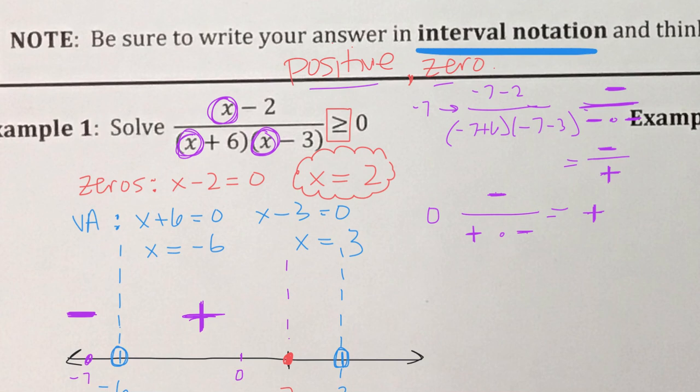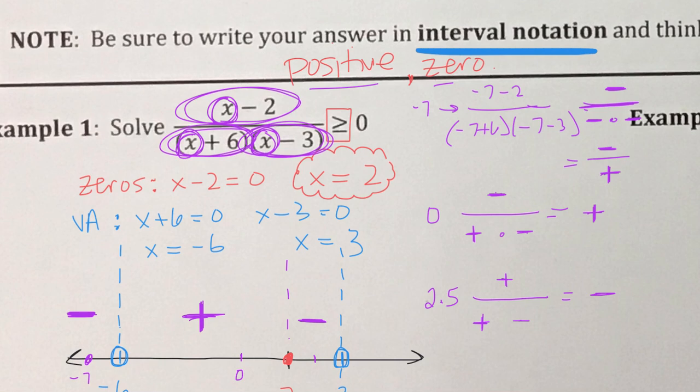Now we'll check between 2 and 3. Right, 2.5. So on our top, 2.5 minus 2 is positive. 2.5 plus 6 is positive. 2.5 minus 3 is negative. So a positive over a negative is a negative. In between 2 and 3, we have negative values.